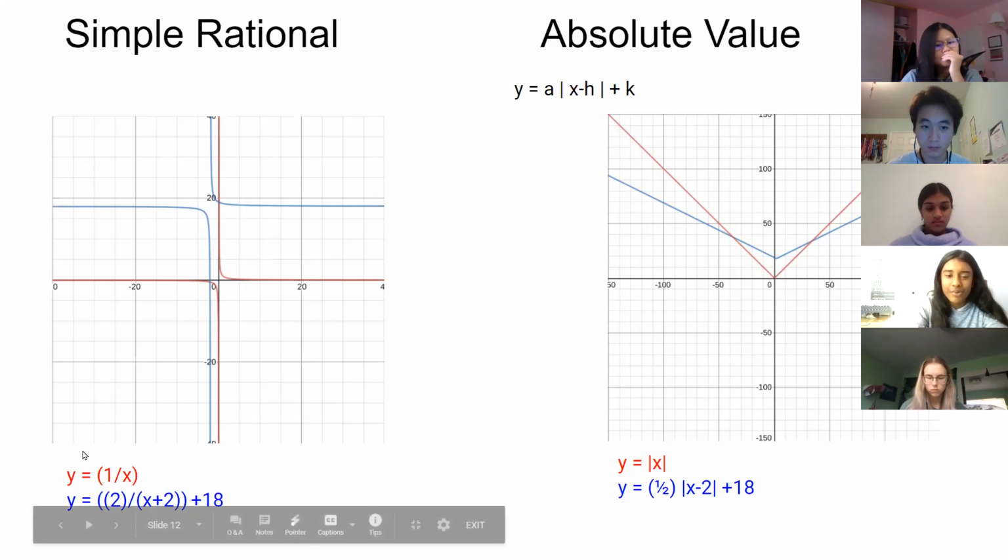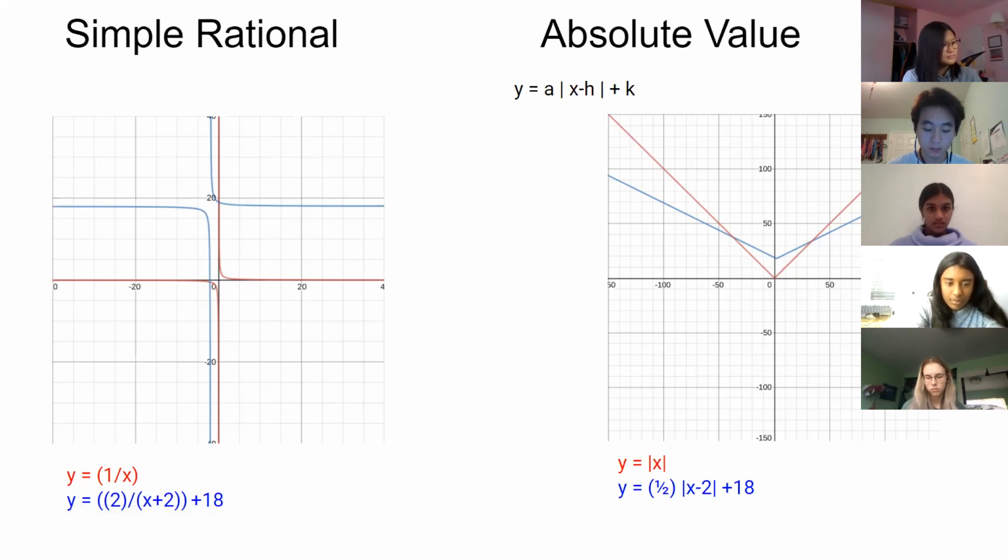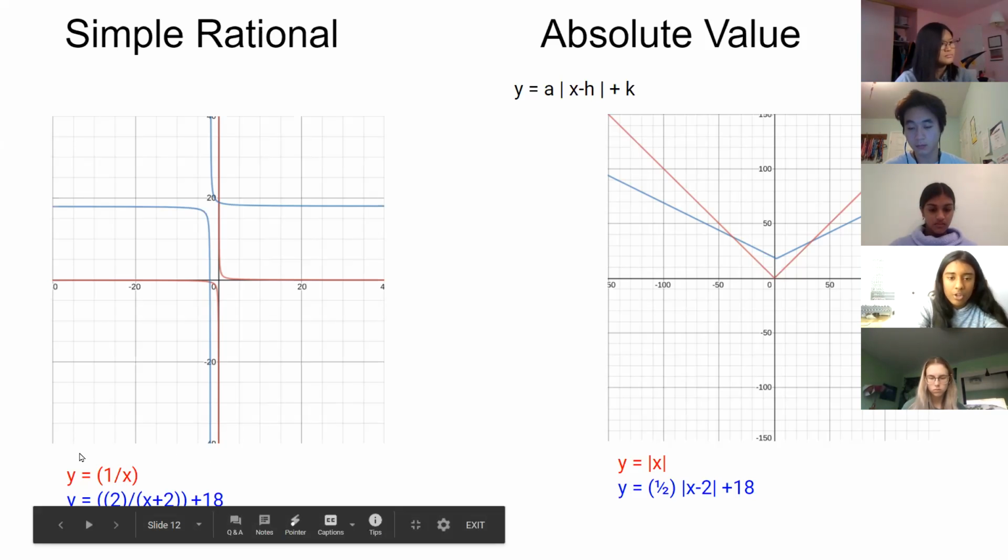Anyways, this blue function right here represents 2 divided by (x plus 2), and then plus 18. The value outside the parentheses shifts it upward or downward, and the value inside the parentheses, the 2, shifts it sideways.